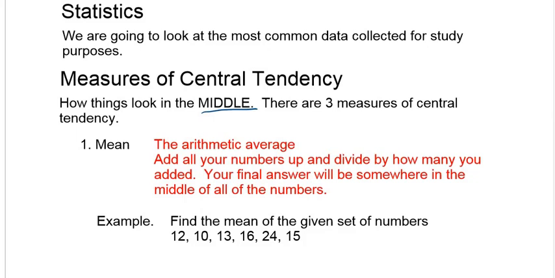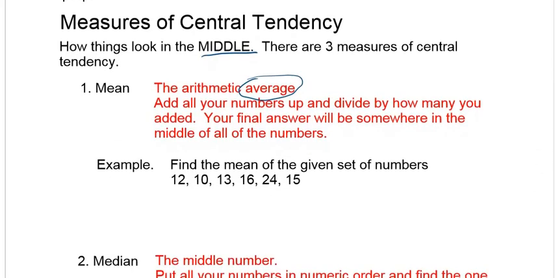So the mean is our arithmetic average. So basically, all we're going to do is we're going to add up the numbers, and we're going to divide by the number of numbers. So in the example, we have 12, 10, 13, 16, 24, 15. There's 6 of them, so we're going to add them up and divide by 6.